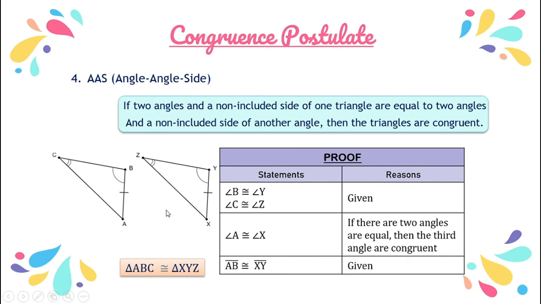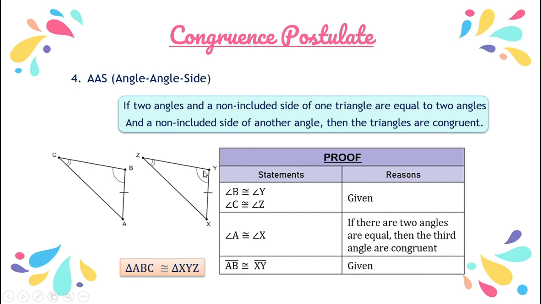You can see on this picture, triangle ABC congruent with triangle XYZ. Proof, the angle B congruent with the angle Y, and the angle C congruent with the angle Z. Because given. And the angle A congruent with the angle X. Why?